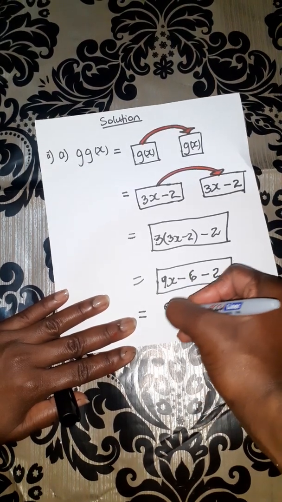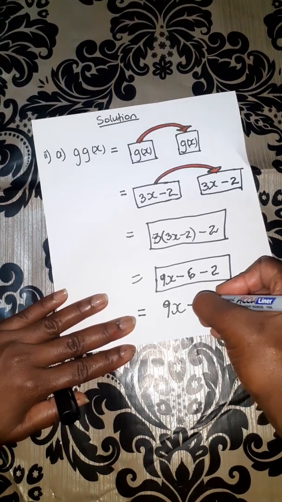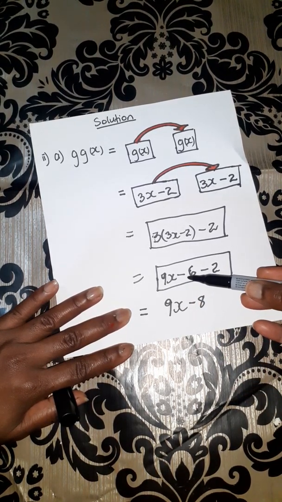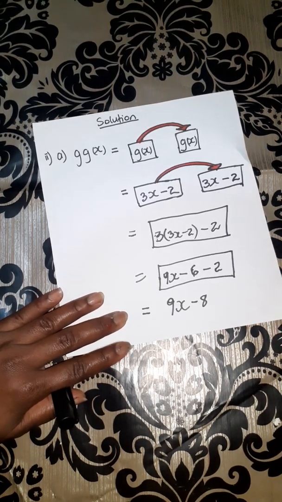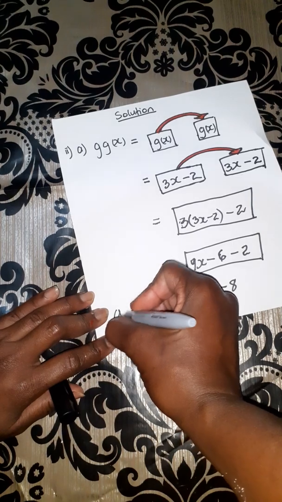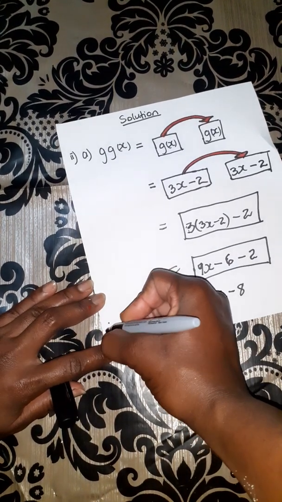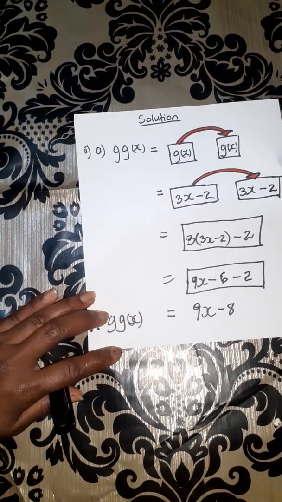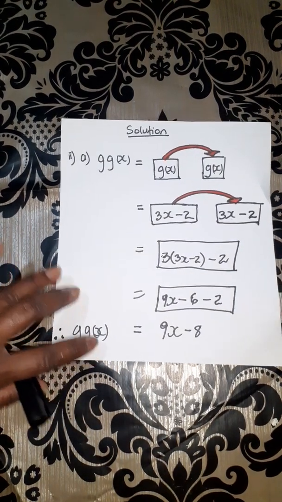So we will be left with 9x, negative 6 minus 2. So that means the g of g of x function is actually equal to 9x minus 8.